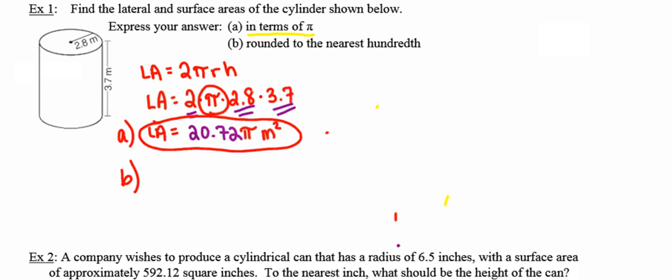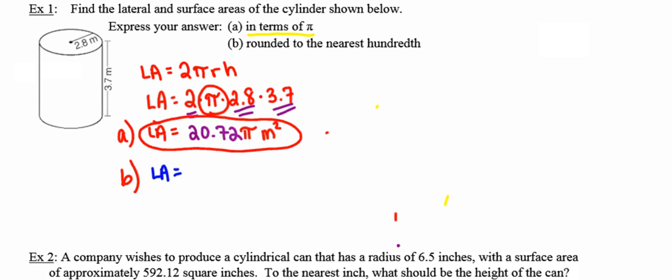In order to find that lateral area rounded to the nearest hundredth, I'm simply going to punch into my calculator 20.72 times the pi button, and then I'll hit enter.